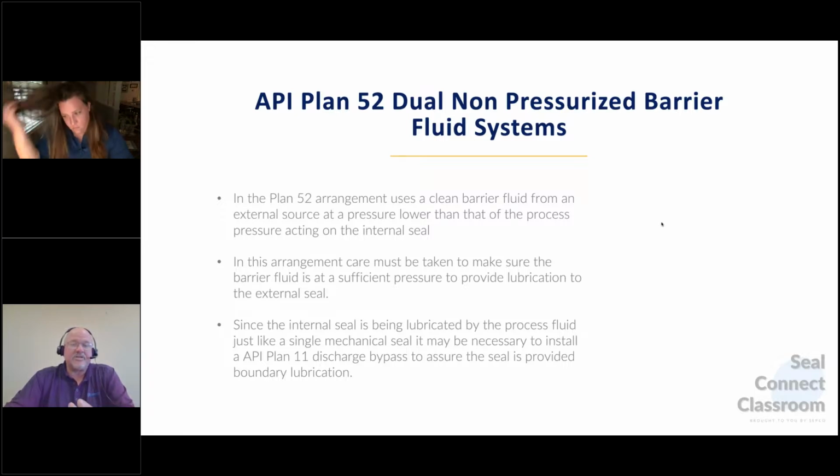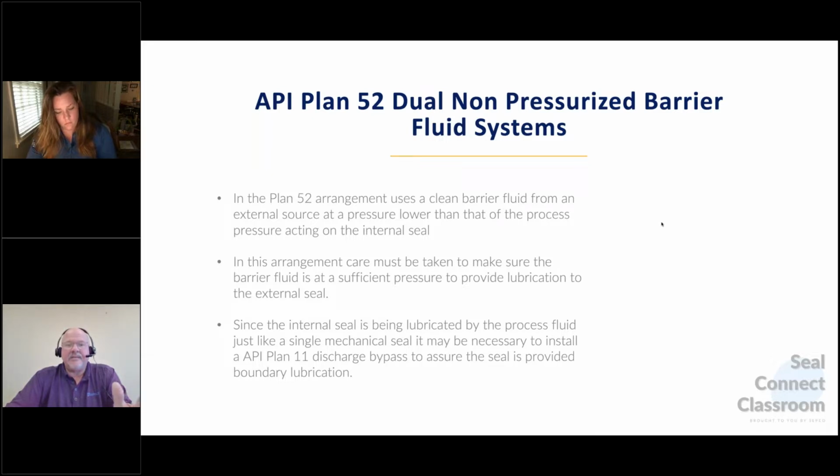There's all sorts of things you can do and things you can combine to get better seal life. You're not limited just because you're going to run one of these API plans. You're not limited to doing other things with it and combining other things with these different plans. You can have an API Plan 11 and an API Plan 52 and run both of them.